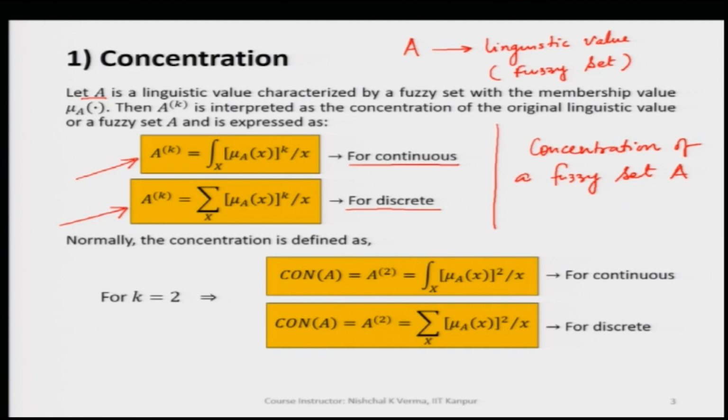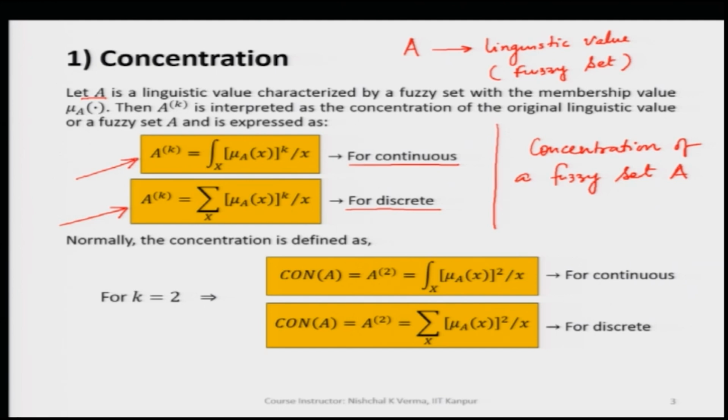Here the power of the membership function is raised by k, where k is some number. In general, we write k for concentration, but when we do not mention any value of k, then for simple concentration the value of k can be 2, and in general it can be any value more than 1.